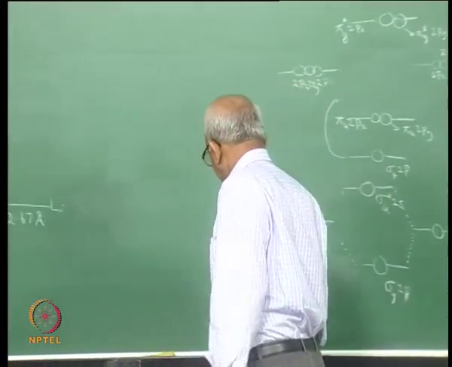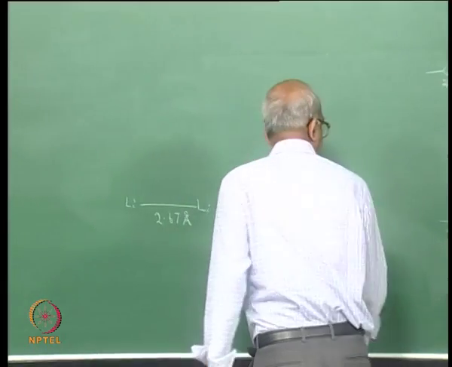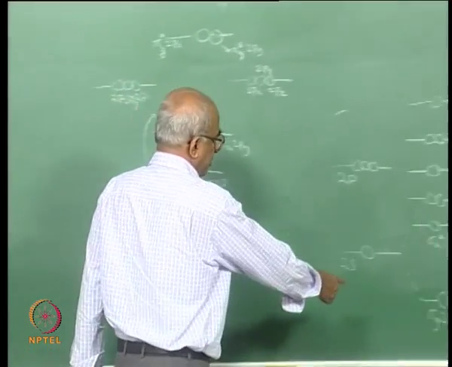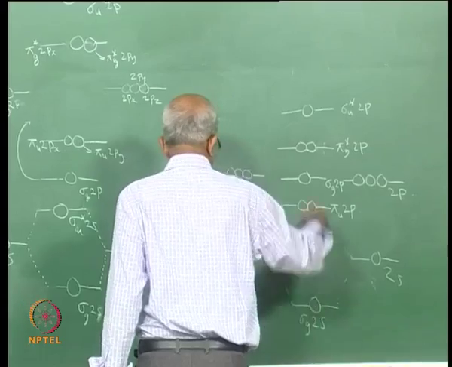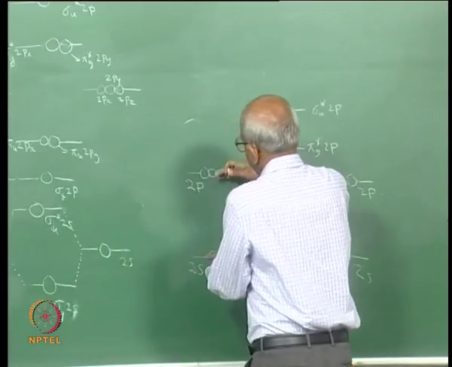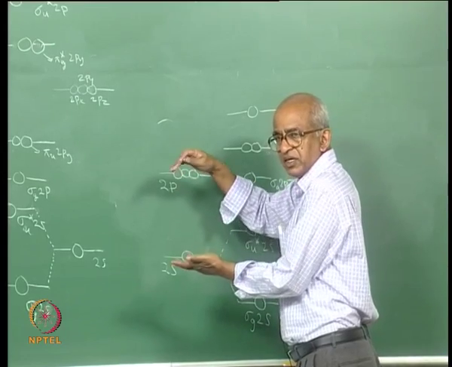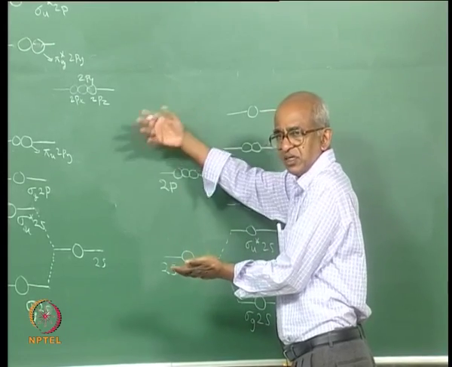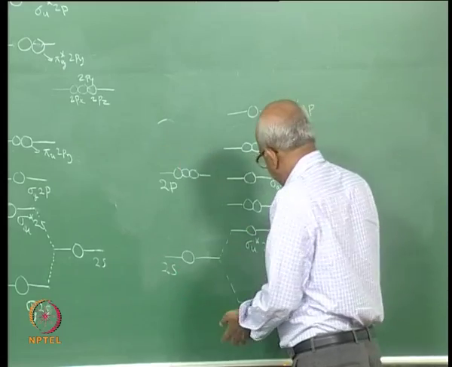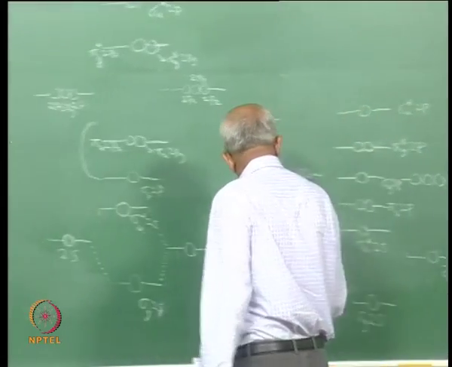Now, for analyzing these diatomic molecules, let me start with this picture, because this is a situation where 2p and 2s are not that much separated, and that will happen in the case of lithium, then in the case of Be2, C2 and so on. So, let me write this orbital order.